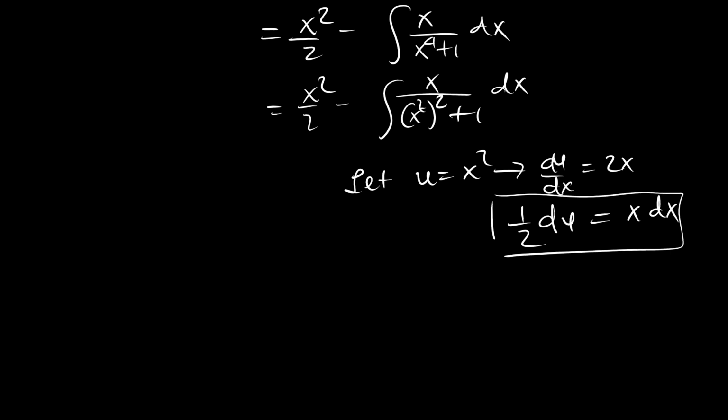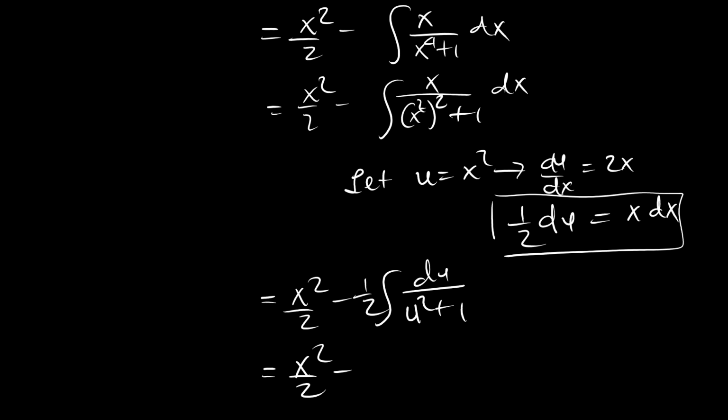Very important. So in other words, we now have x squared over 2 minus a half du over u squared plus 1, which is x squared over 2 minus half. This is a very famous integral, arctangent of u plus c.